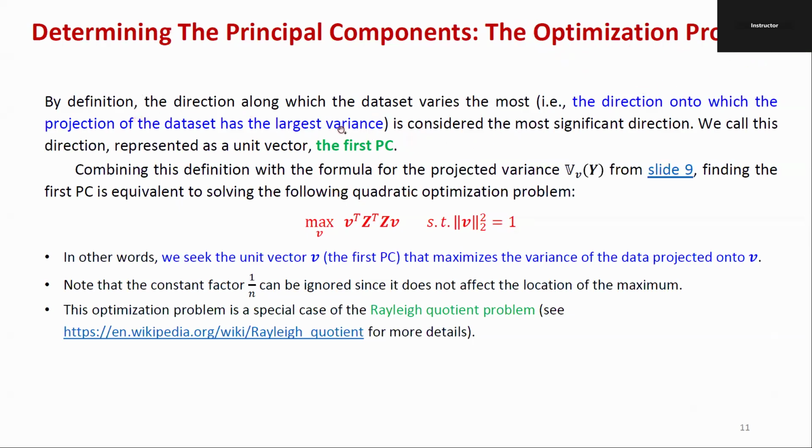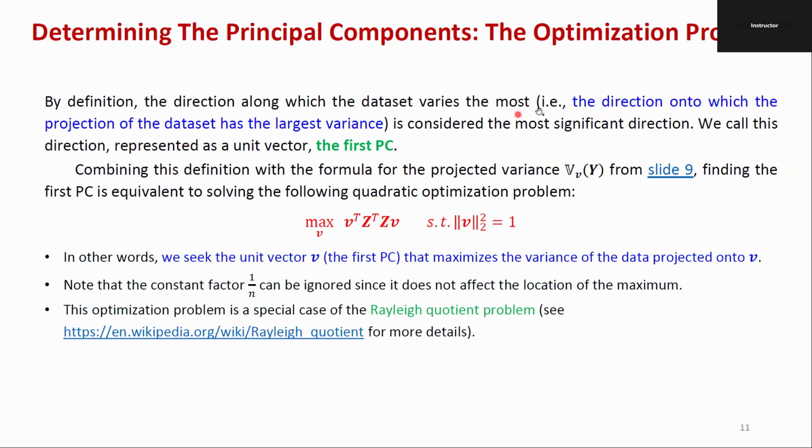By definition, principal components are the directions along which the data set varies the most. And later we'll call it the first PC, the first principal component.